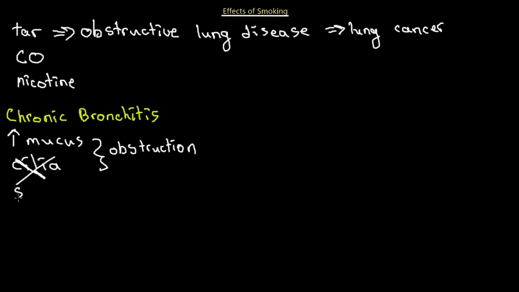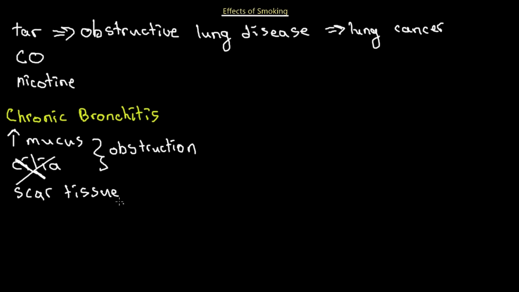Then we've got scar tissue replacing the damaged cilia. And of course, scar tissue does not do any function other than just being there and arranged in a random manner. And the smooth muscle surrounding the bronchioles and the bronchi become much thicker. So this thickening of the airways causes them to narrow and makes it difficult to breathe.